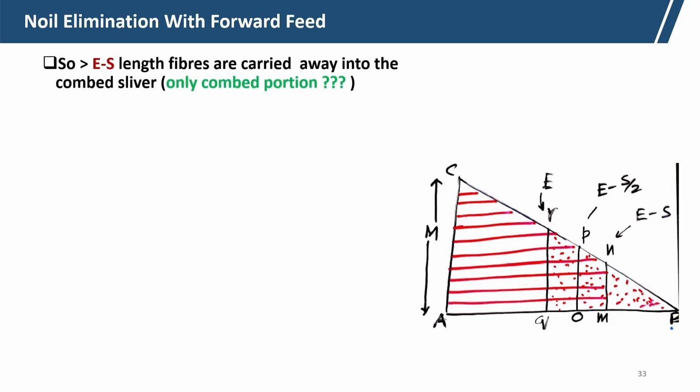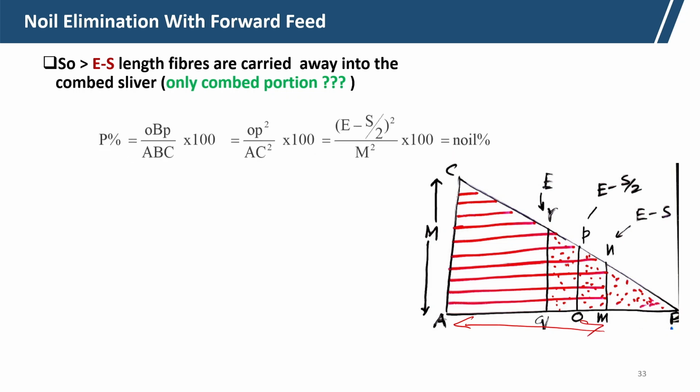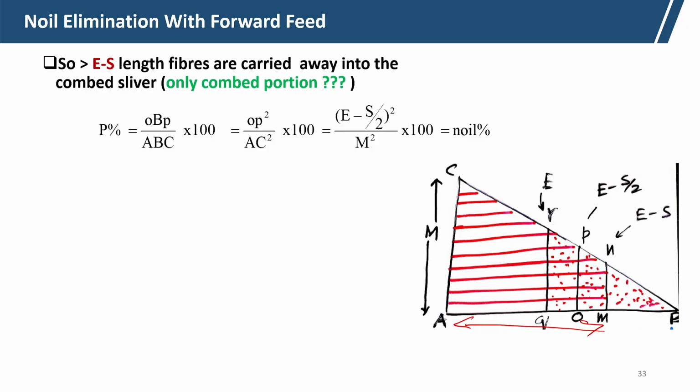So, fiber of length E minus S is going to the combed sliver, only the combed portion.